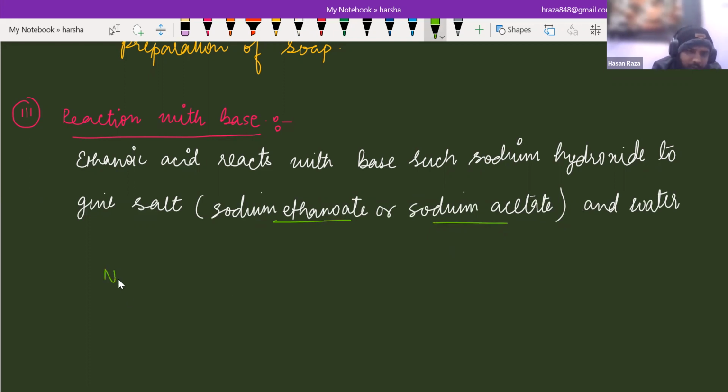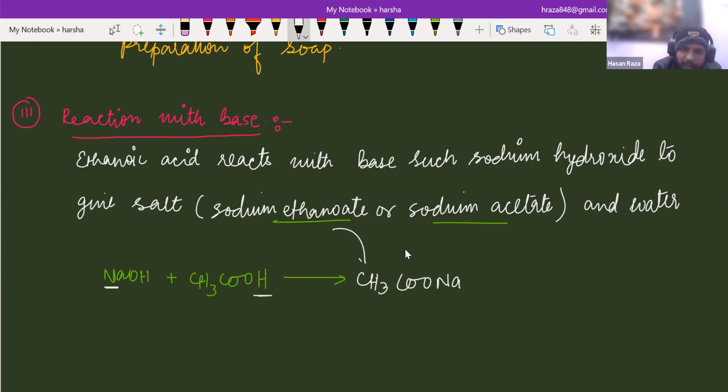As you can see in the reaction, NaOH, which is sodium hydroxide, reacts with carboxylic acid CH3COOH. So what will happen here? Sodium will replace hydrogen, so it will be CH3COONa, which is sodium acetate, or you can call it sodium ethanoate, and there will be formation of water as well.